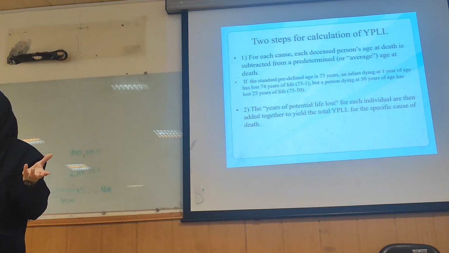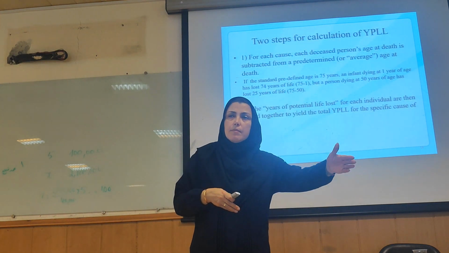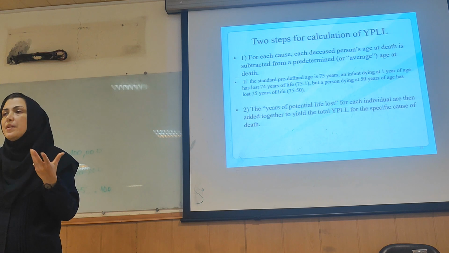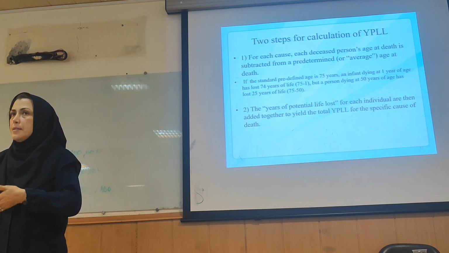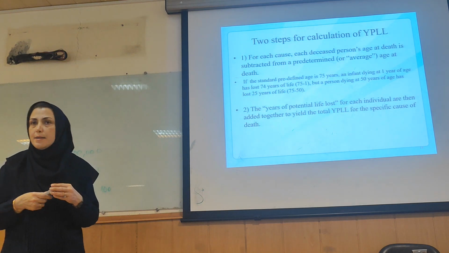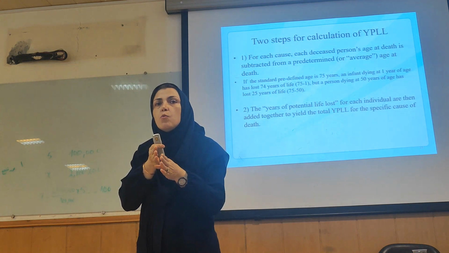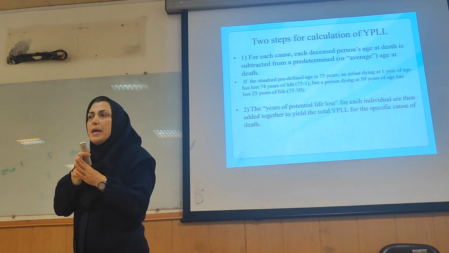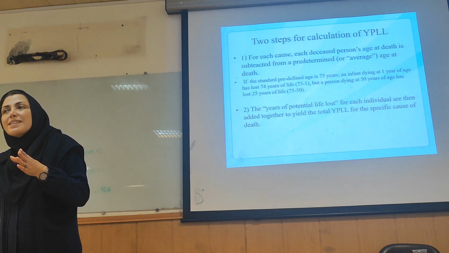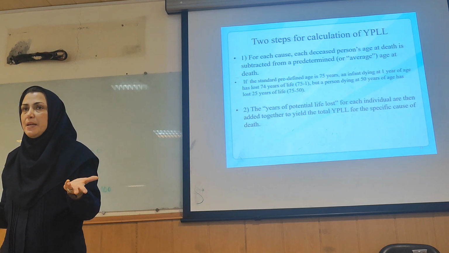It means life expectancy. We say that, for example, in Iran, the life expectancy is 75, and it is increasing in recent years. It means that each baby that is born, we expect him or her to live at least 75 years. It is life expectancy.